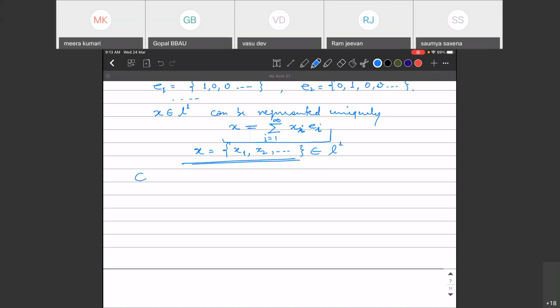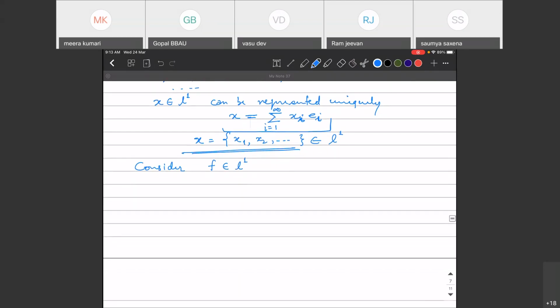So consider a linear functional f in L1, then for every x in L1, x is represented in this form.